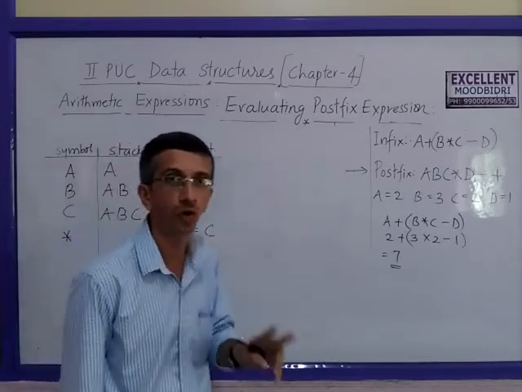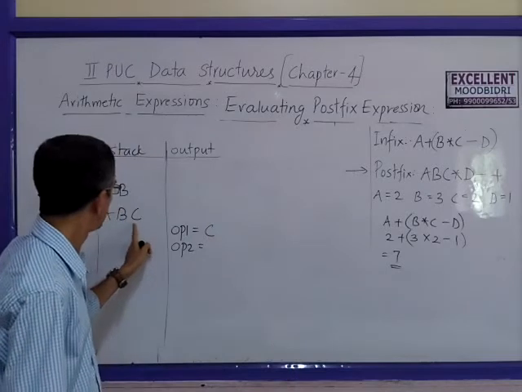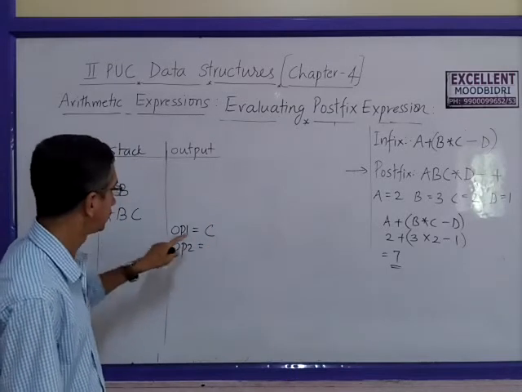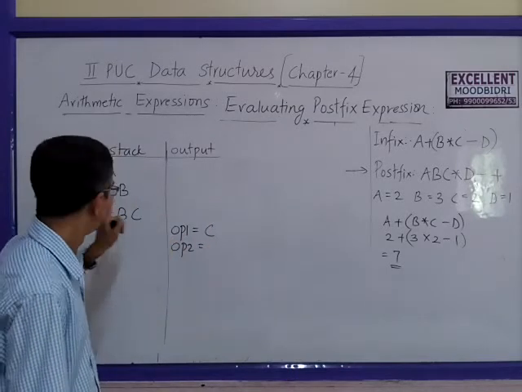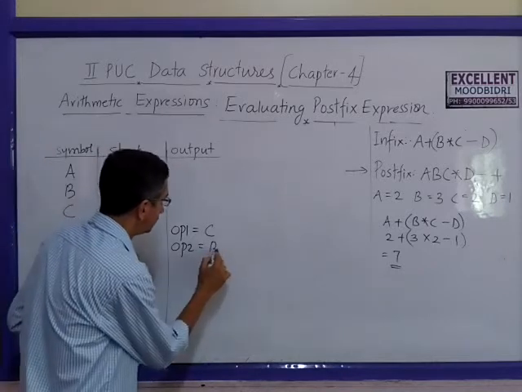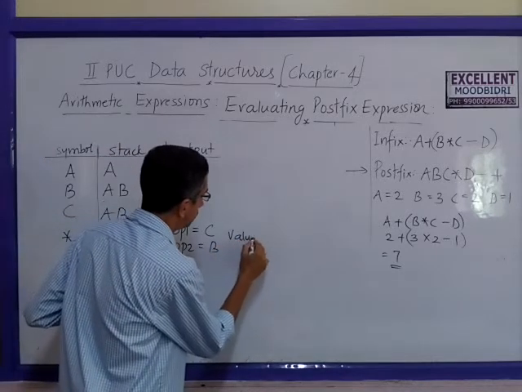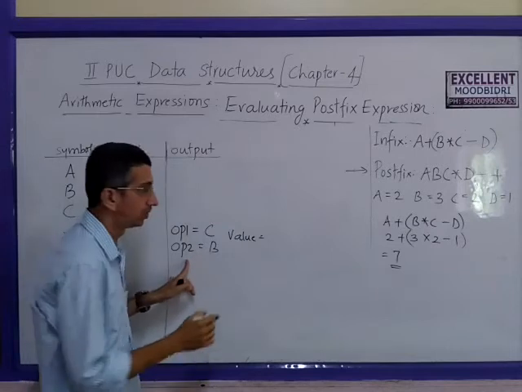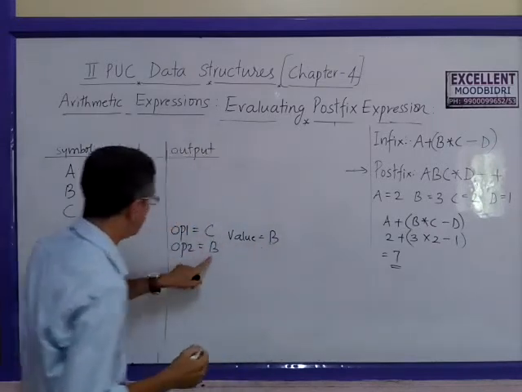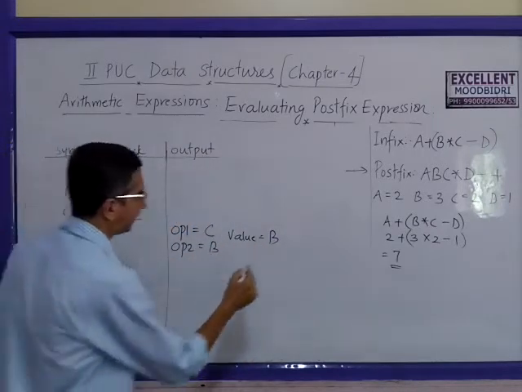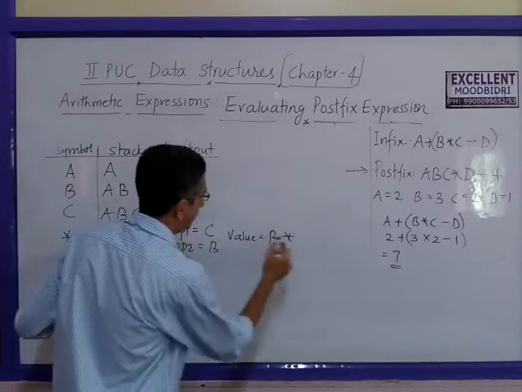So two successive pops from the stack. Second is B. So value is equal to operand 2 symbol operand 1. Operand 2 is B. Symbol is star. Operand 1, it is C.